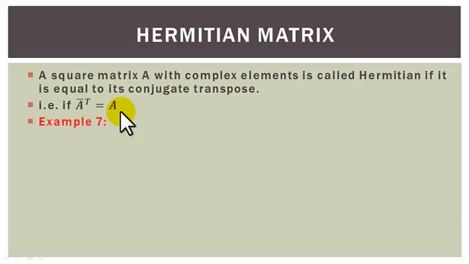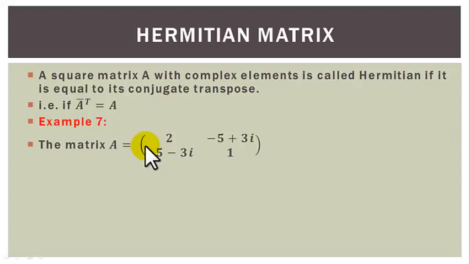Example 7. Let us consider this matrix A with complex elements. These are the complex elements: minus 5 plus 3i, minus 5 minus 3i, where i is an imaginary unit. Now let us find the conjugate of this matrix.